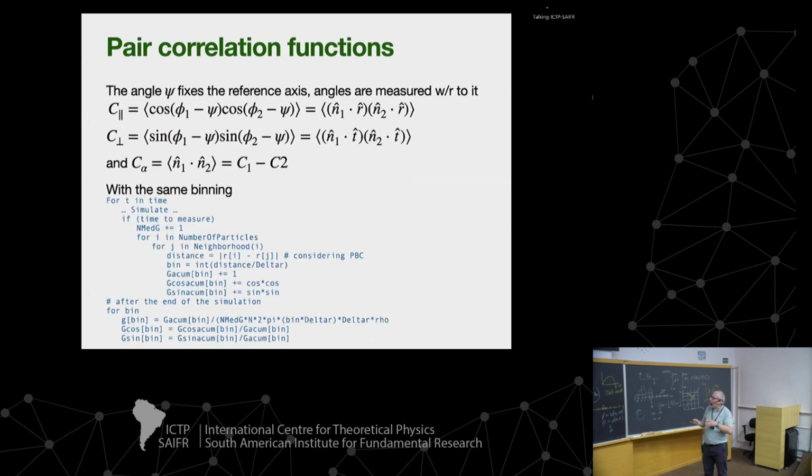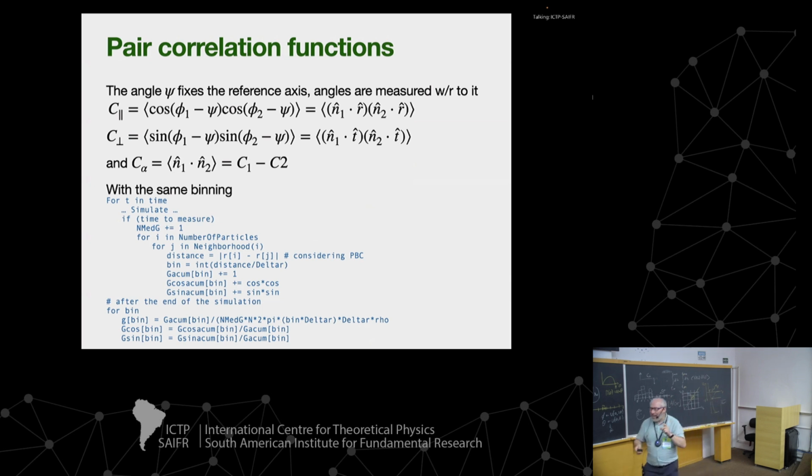I'm not going to show you the picture, because I want you to guess for tomorrow what's the shape of this C parallel and C perpendicular for AVPs. How are particles aligned? And this is probably the first non-trivial thing that I'm saying.